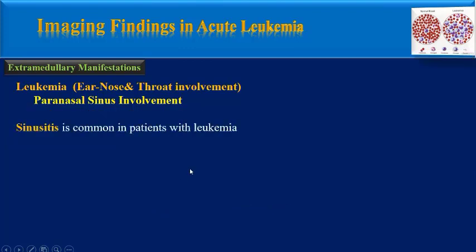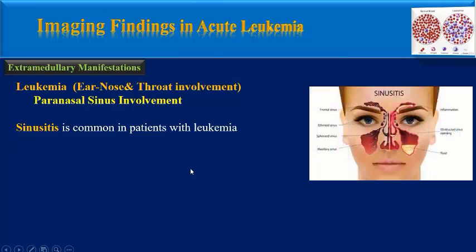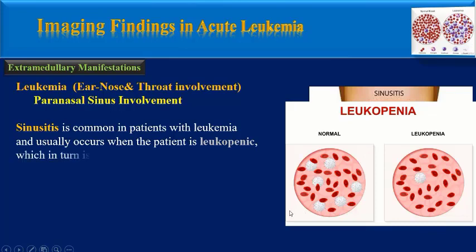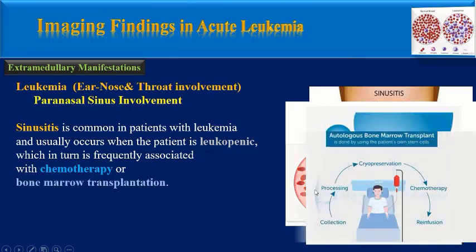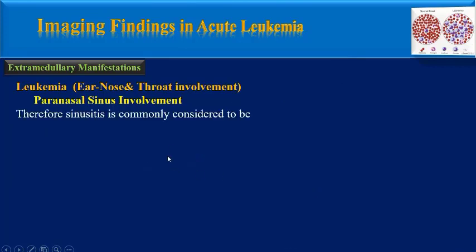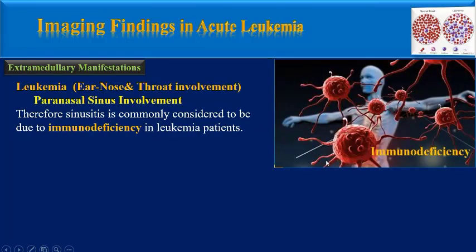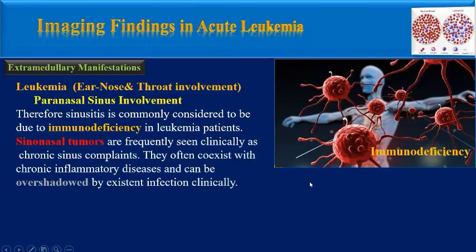Sinusitis is common in patients with leukemia and usually occurs when the patient is leukopenic, which in turn is frequently associated with chemotherapy or bone marrow transplantation. Therefore, sinusitis is commonly considered to be due to immune deficiency in leukemia patients.